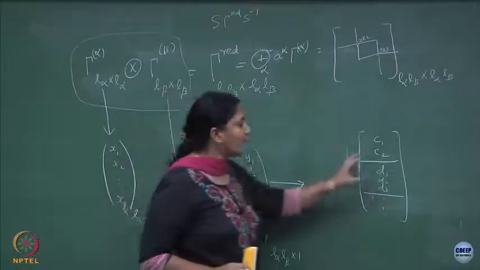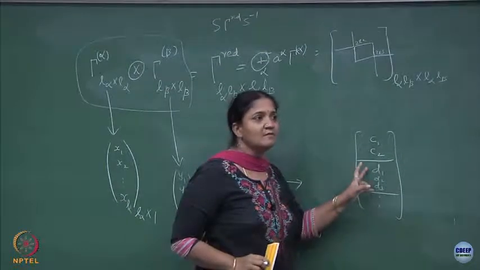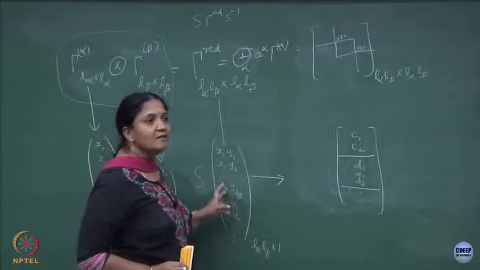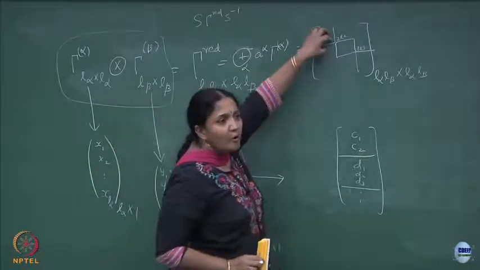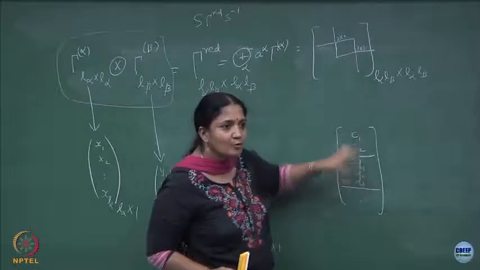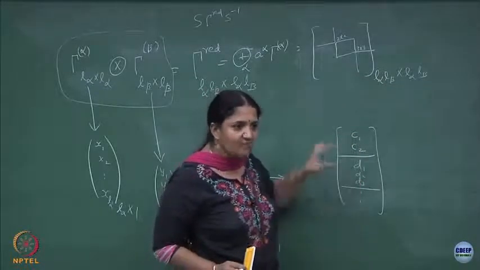It will give you some linear combination. C1 should be some linear combination which belongs to this block diagonal and so on, right. This is what you will eventually achieve.